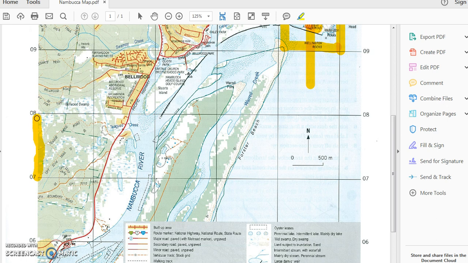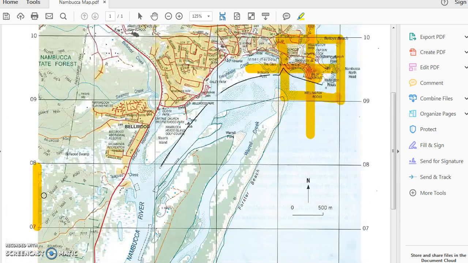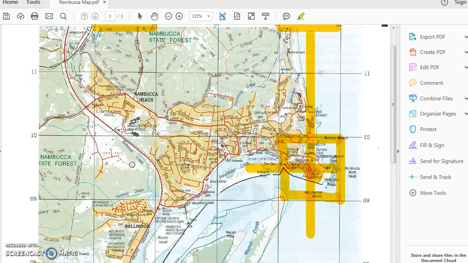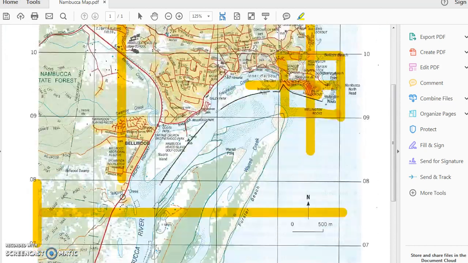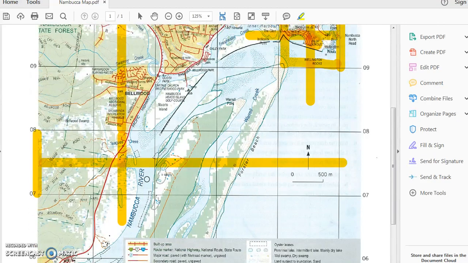So we're looking at the row between 07 and 08. We then draw a line from our horizontal reference and our vertical reference. And where the two lines intercept is the area that we need to focus on.